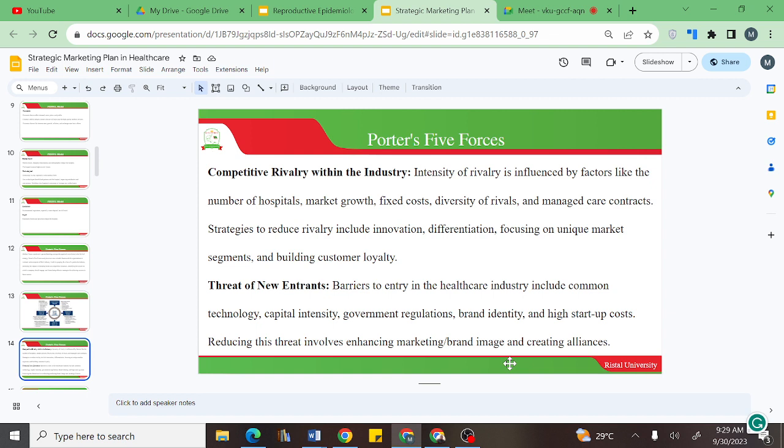If the business requires a lot of capital, then you're most likely going to have few entrants into the market. And then government regulation. If you have strict, restrictive government policies, then you're going to have very few actors entering into the industry.